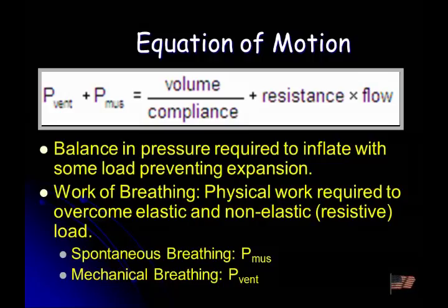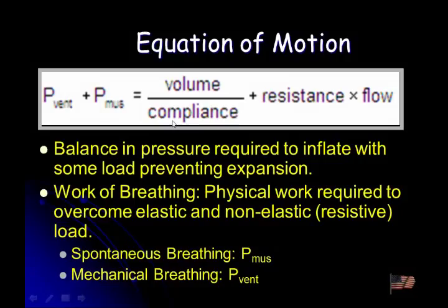And if you do the math here, volume measured in liters, compliance measured in liters per centimeter of water, resistance times flow, if you multiply resistance, which is centimeters of water over liters per minute, by flow, being liters per minute, the units come out to be centimeters of water. So it's how much pressure has to be generated to generate gas flow.